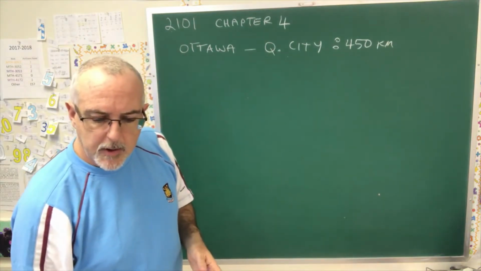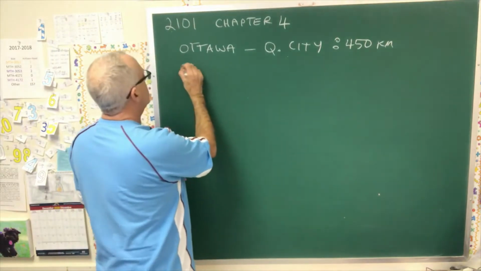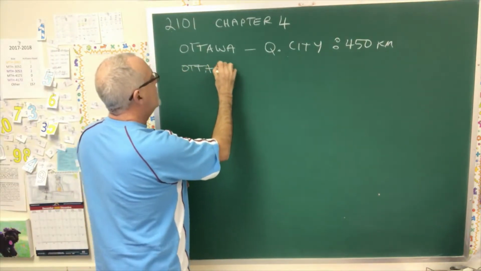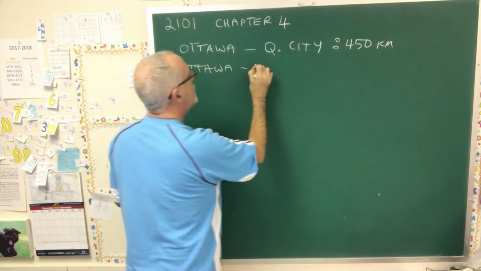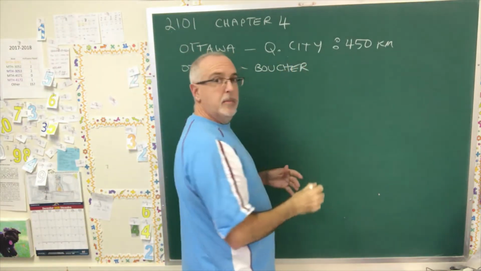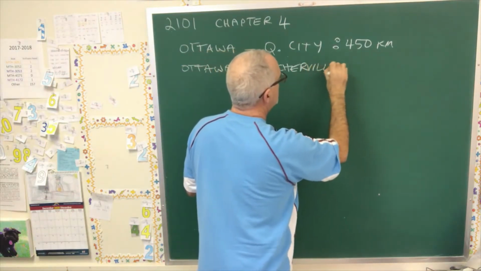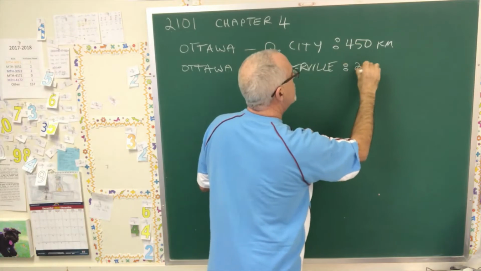The distance between Ottawa and Boucherville is 225 kilometers. I had to pick a city with a long name like this. Okay, there. 225 kilometers.